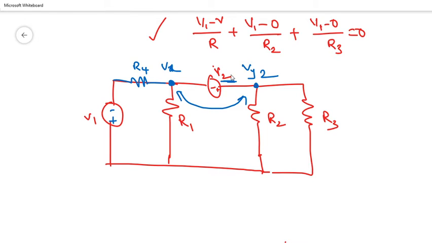So in this situation, if the circuit is applicable for KCL analysis, but the circuit has some voltage sources that make the KCL analysis difficult, we need to eliminate the voltage source. Previously, wherever we applied KVL, if the KVL became difficult because of a current source, we neglected that current source.